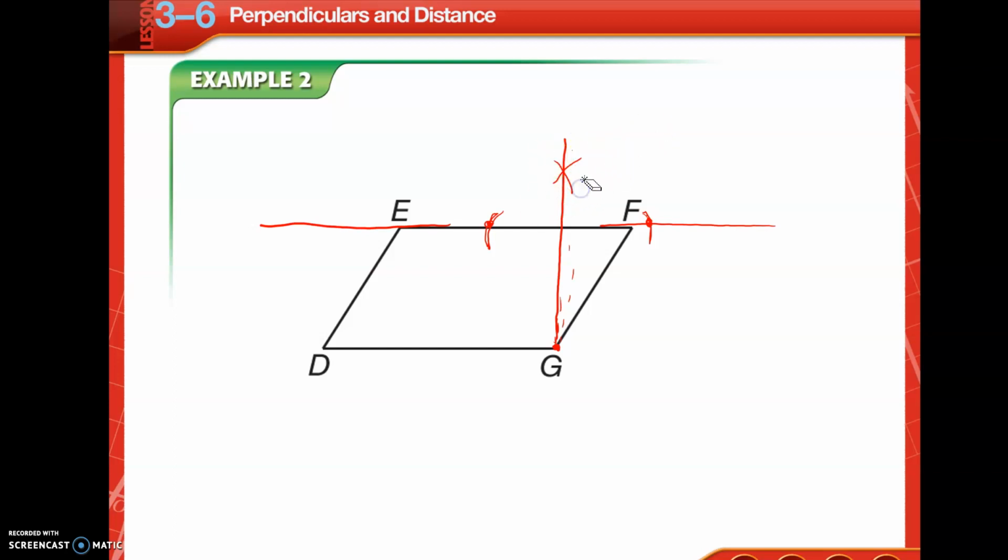Again, hard to see on there, so if you need, you can come in and we can go through that one-on-one. But this line from here to this point represents the distance. So when you see that representing the distance, that's what we want to draw. So easy to do if I have a compass, I just need a compass and a ruler.